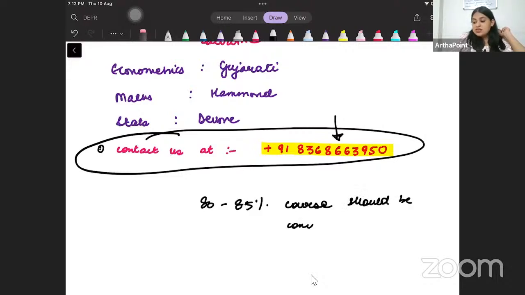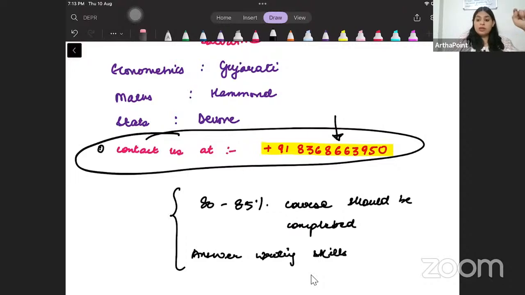And since this is a written paper, always focus on answer writing skills. That is very important. Even if you know everything, but you don't answer it properly, you don't write it in the right way, it's of no use. So answer writing is also very important.